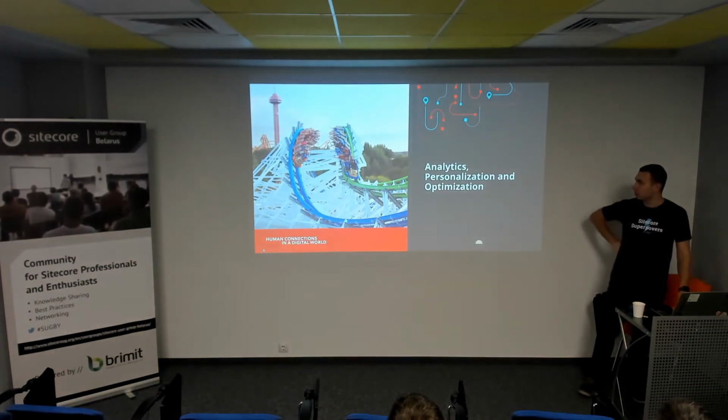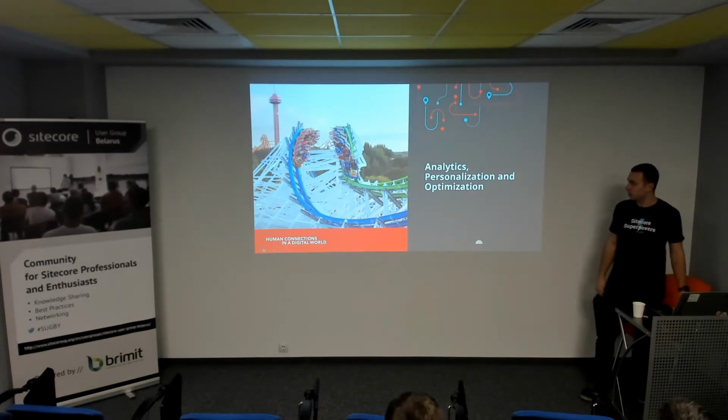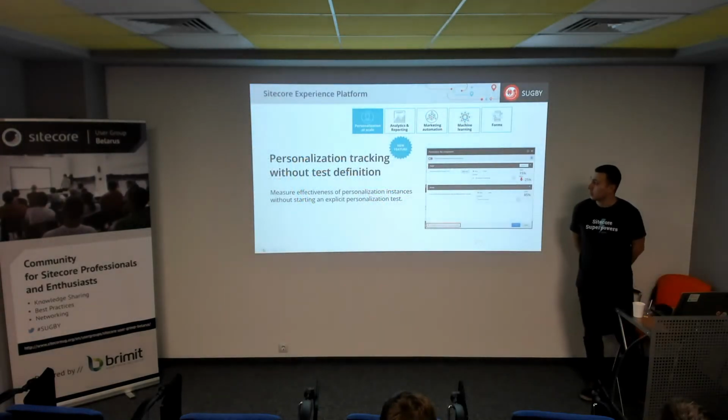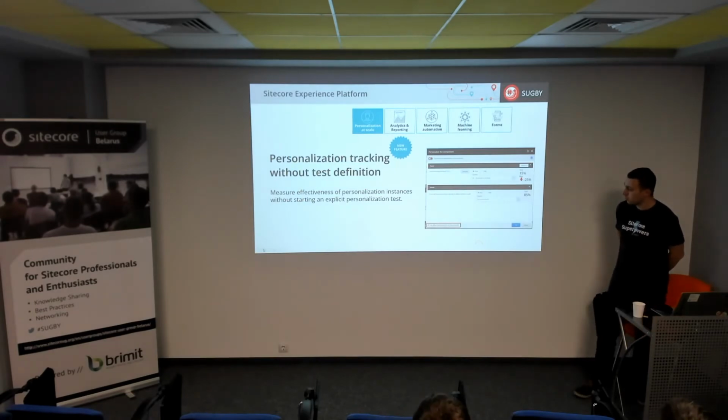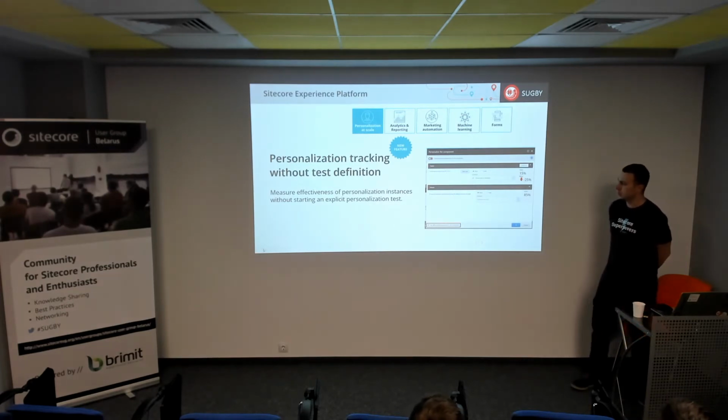Now I'm going to go through some improvements and new features related to analytics, personalization, and optimization. Now we can measure the effectiveness of personalization instances without starting an explicit personalization test.